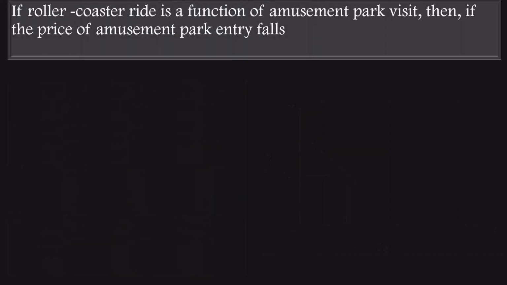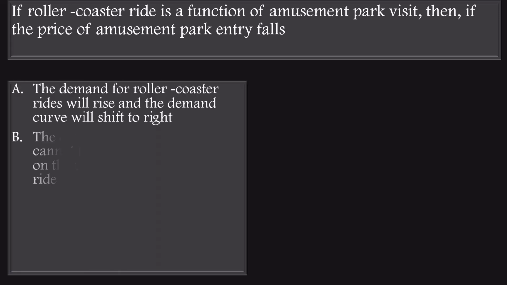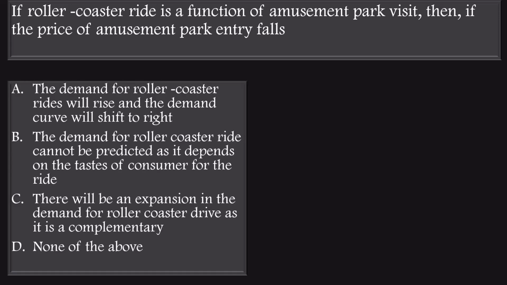Second question. If roller coaster ride is a function of amusement park visit, then if the price of amusement park entry falls, options. A. The demand for roller coaster rides will rise and the demand curve will shift to right.